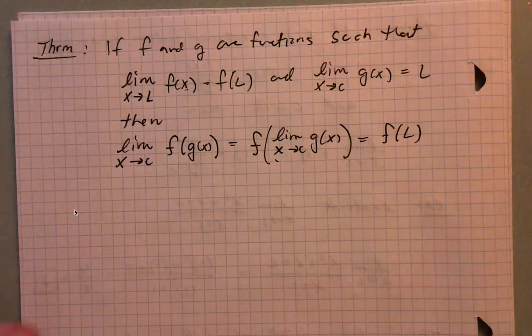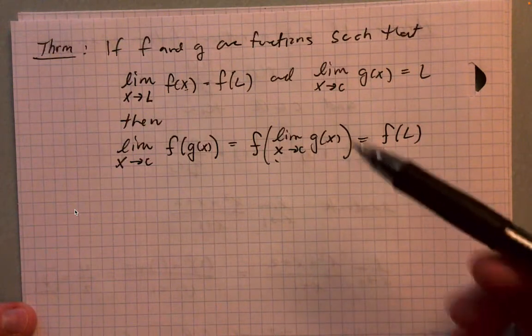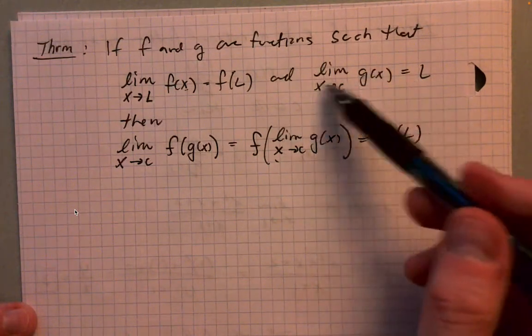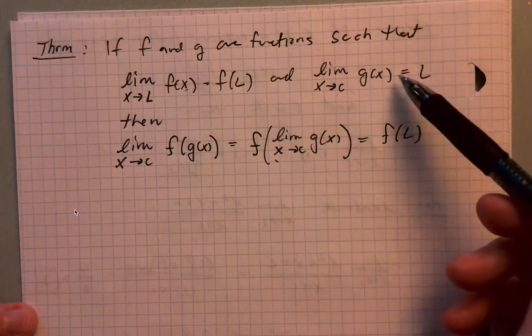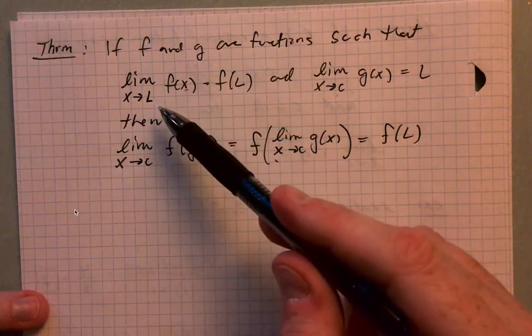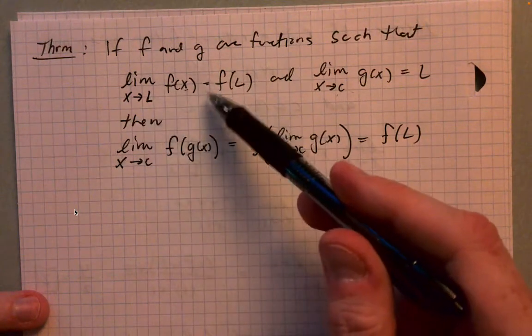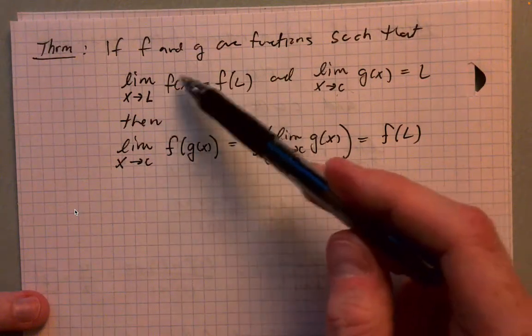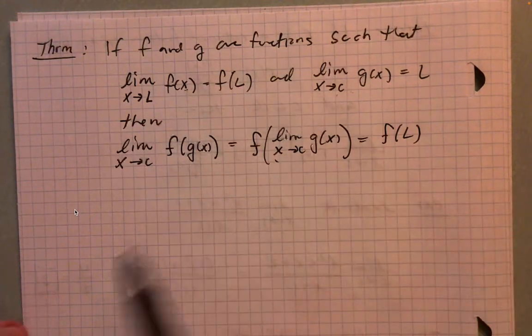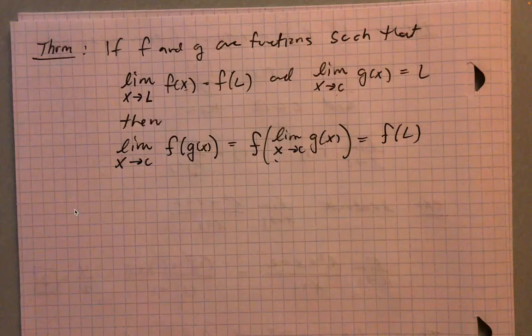Okay, so let me say that again. If the limit of the interior function g is equal to L as x approaches some point c, and the limit of the exterior function is f of L as x approaches L, then we may move the limit inside the composition.